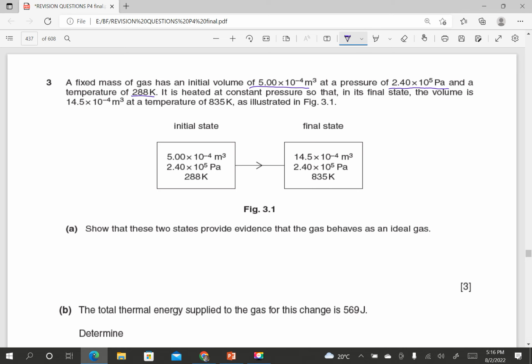It is heated at constant pressure, so that in its final state the volume is 14.5 times 10 power negative 4 meters cubed at a temperature of 835 Kelvin, as illustrated. The only thing you can notice is that the pressure is remaining constant. Show that these two states provide evidence that the gas behaves as an ideal gas.